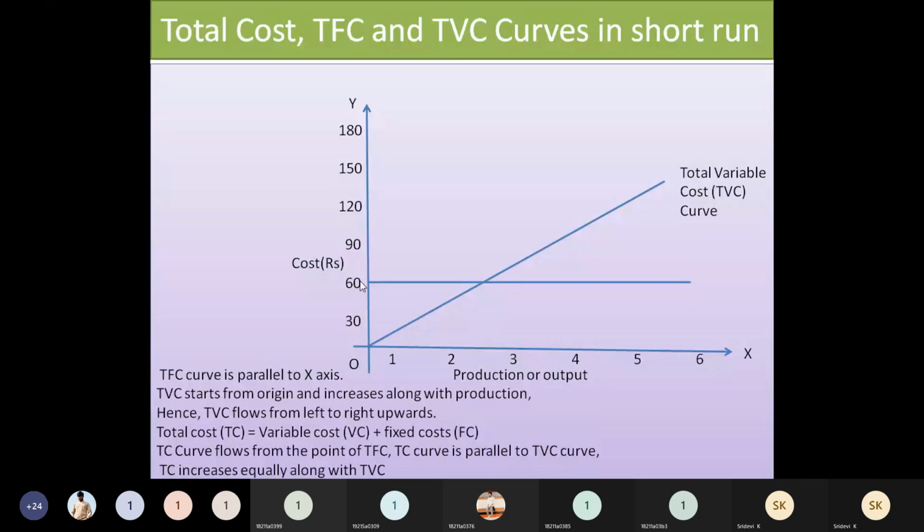So at all the output levels, the amount is 60, the same amount. So you will get the fixed cost curve like this. This is called the total fixed cost curve.